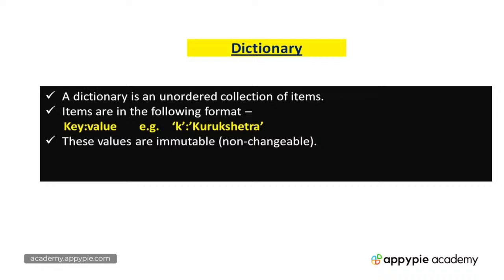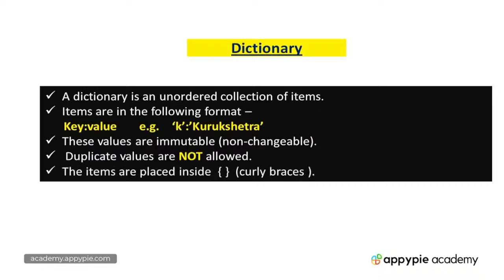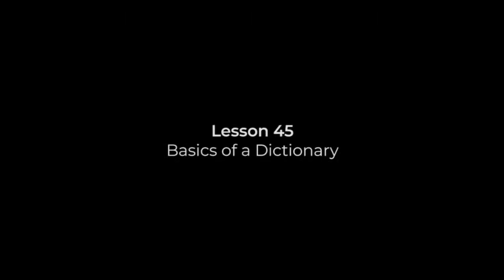These keys are immutable, that is, we cannot change them. Duplicate keys are not allowed, and this feature is the same as in tuples and sets. The items are placed inside curly braces. So in the next lecture, I am going to give you the example programs whereby you will see the exact way to use the dictionary.